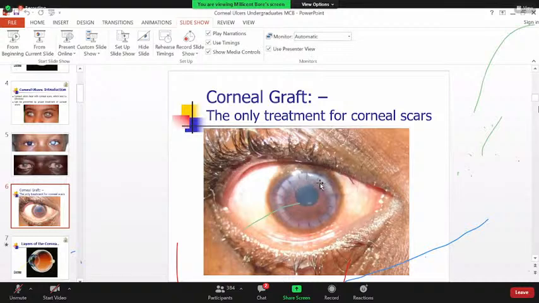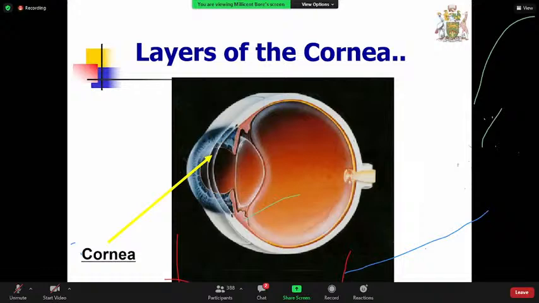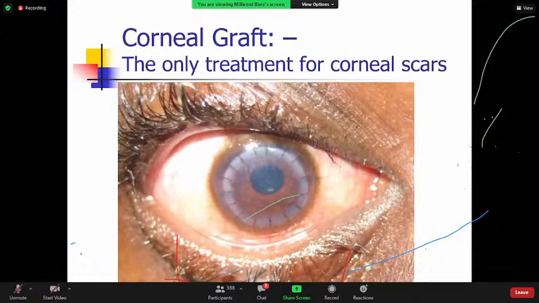In some cases, let's say the patient has a scar around here on the cornea, and you don't have access to corneal tissue, and the scar is in a section where you can rotate the cornea and move the scar away from the visual axis, then that at times can be done, but it's not common.